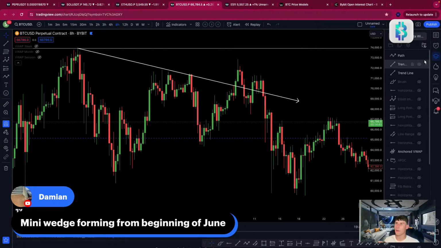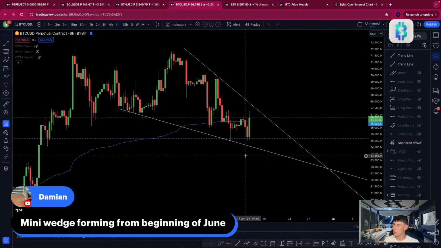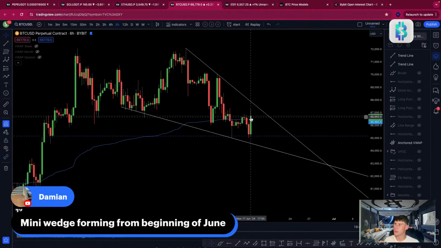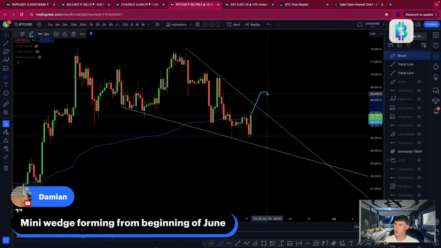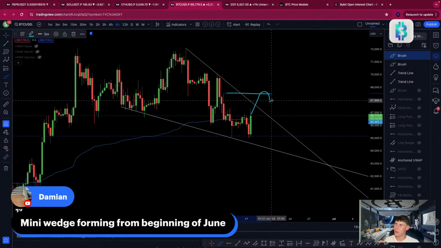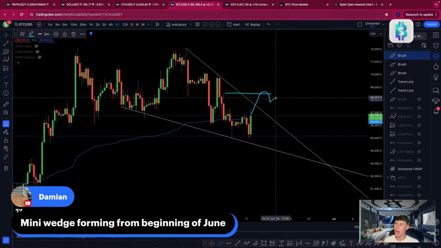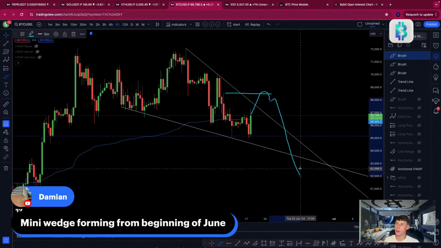So for me, even though we've got a wedge here, we could break out of this. Retail traders long. We get lots of longs kicking in. Price starts to pull back. Maybe we could view that, and maybe I could look for a short trade there. I'd have to see a lot of longs opening up, and then we could get the fake out, and then we could get the big pullback.